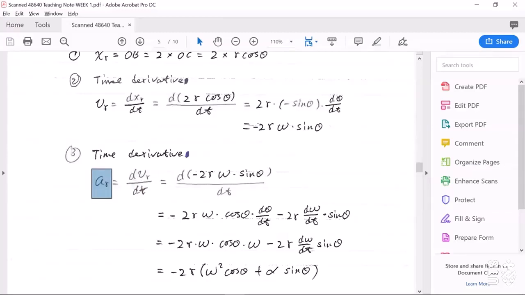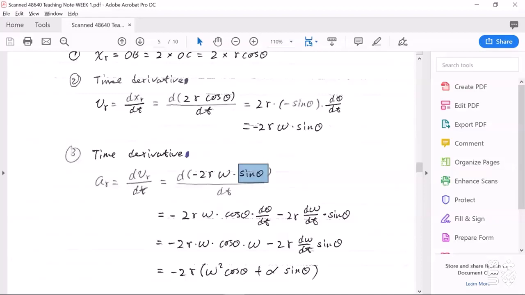On the right side, in this time derivative, we will use chain rule again. Two r is a constant. Firstly, we fix omega, do time derivative on sine theta.